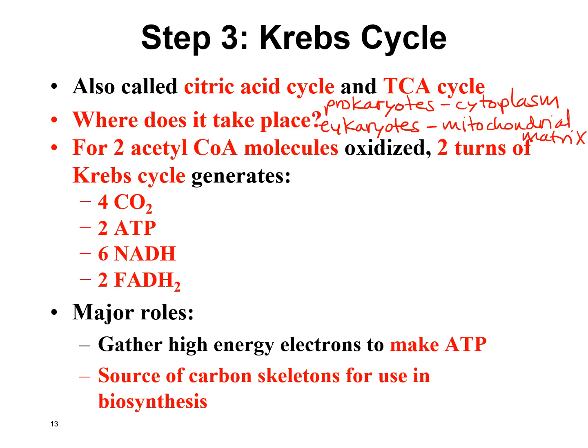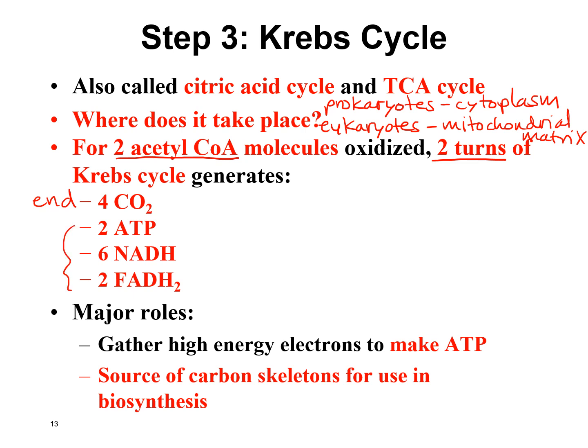And we're going to be starting with 2 acetyl-CoA molecules, which each have 2 carbons. And we're going to do 2 turns of the Krebs cycle. And we're going to end up with 4 carbon dioxides. So all of the carbons in our 2 acetyl-CoAs end up as the 4 carbon dioxides.